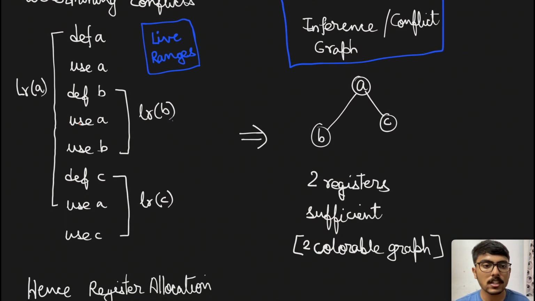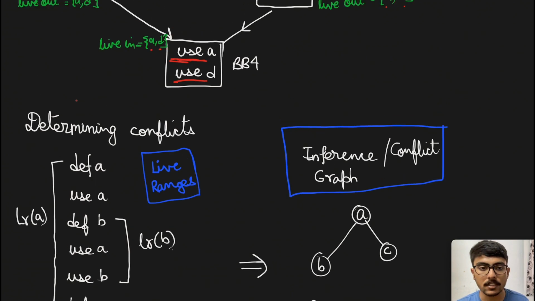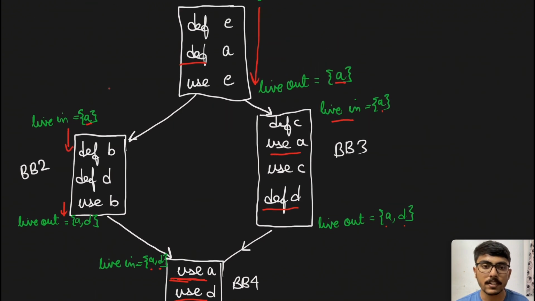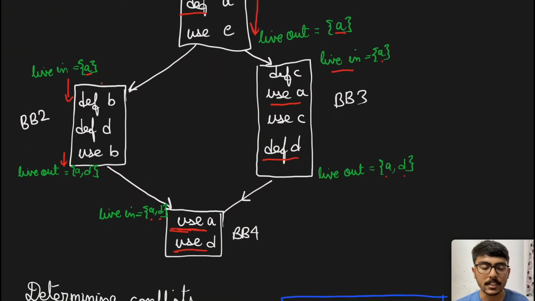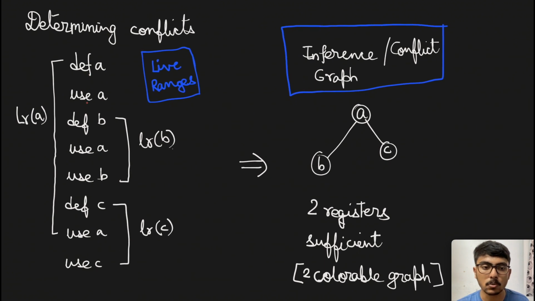So these are the live ranges of all the conflicting variables. I have mentioned them in the sequence in which they occur in this given control flow graph, right? So if we see, first def A occurs, then use A, then def B, then use A again, then use B, then def C, use A and use C.